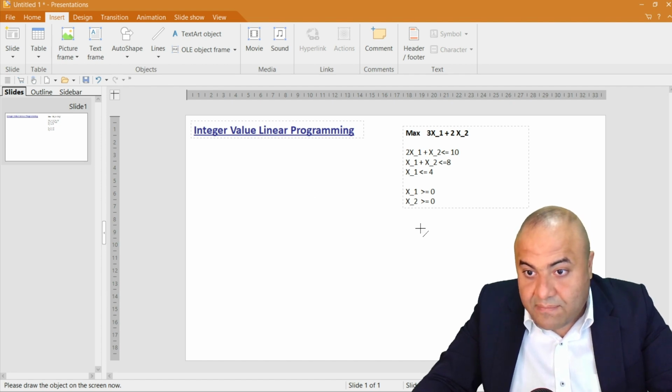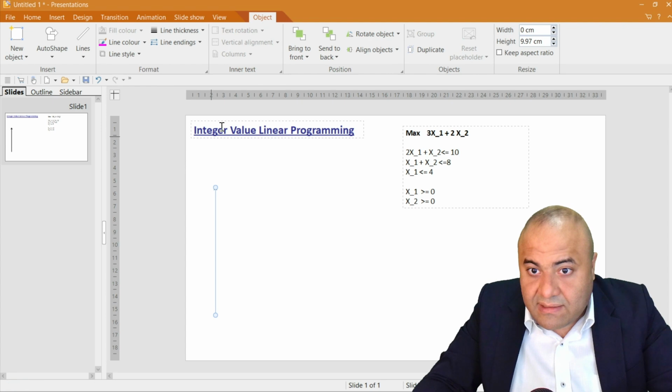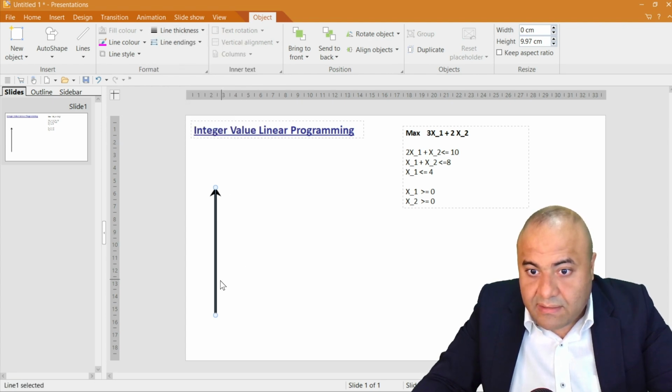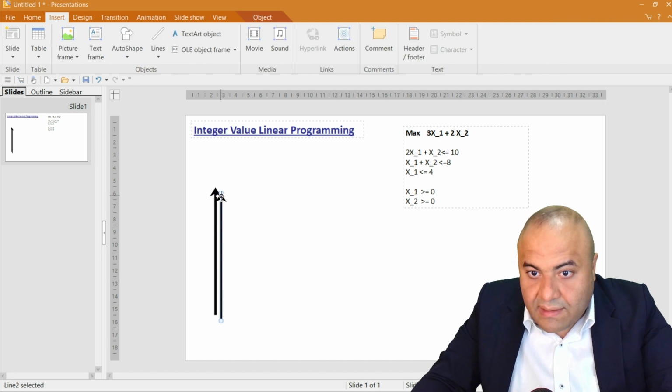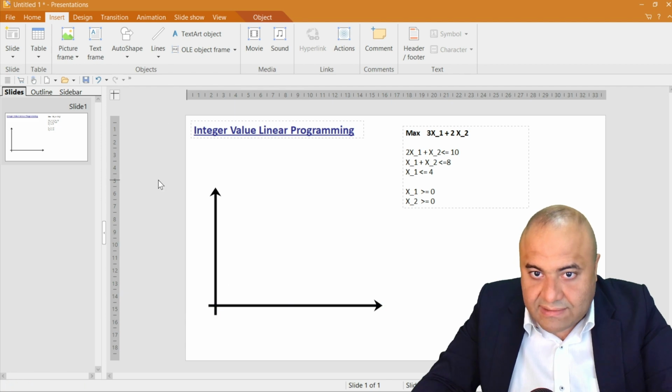So we start from x1 is more than or equal to 0, and x2 is more than or equal to 0. For that, let's have this contour line. Let me make it a bit bigger. And we have another contour line. Of course, this is a very graphical method, and this is why it's interesting and good for us to understand.